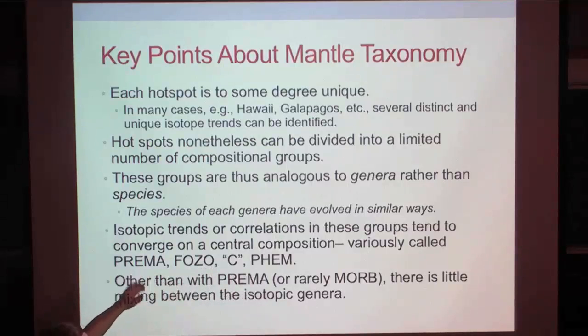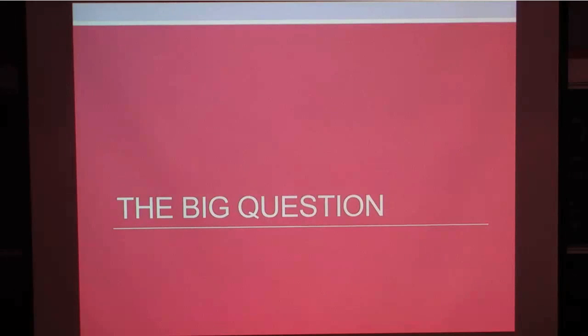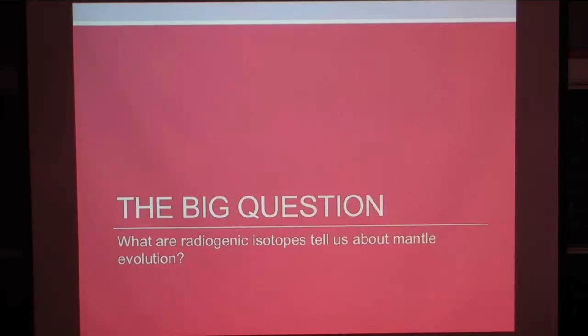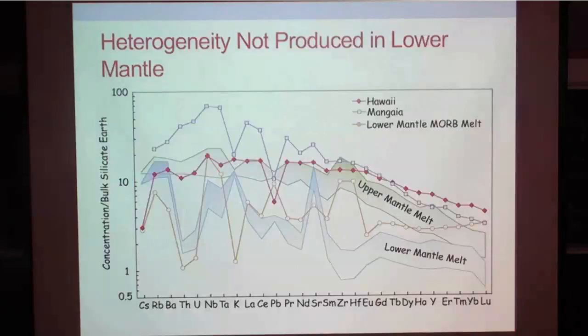Since this was the first one, I'm going to stick with PREMA, but if you've heard these other terms, I think they're synonymous. And other than with PREMA, and rarely MORB, there is very little mixing or crossbreeding, if you will, between these isotopic genera. And the big question is, what are the radiogenic isotopes telling us about mantle evolution?